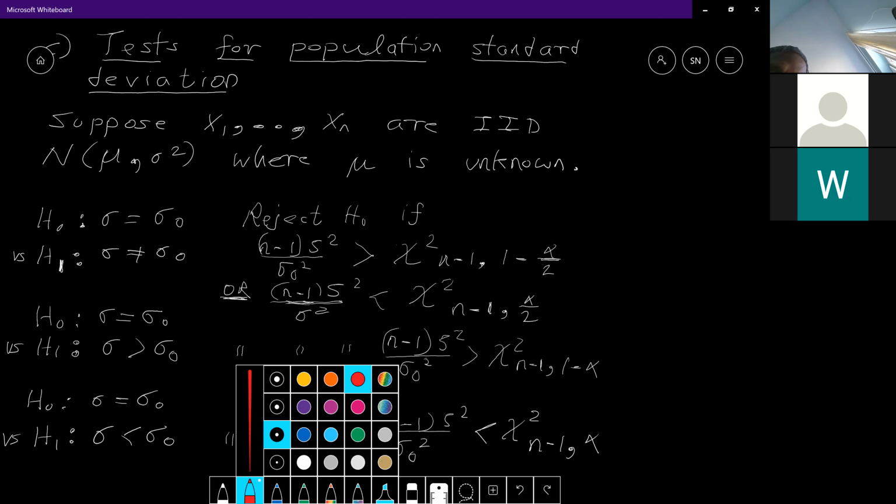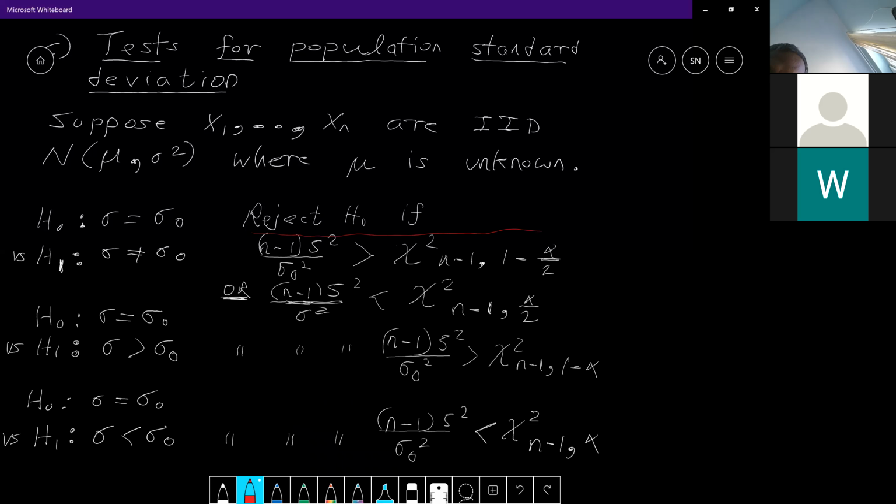So this is the rejection rule for the first hypothesis, for the second hypothesis it is this one, and for the third hypothesis it is this one.